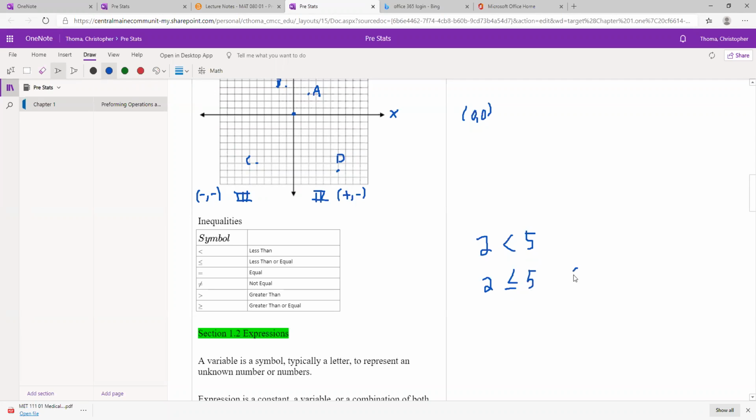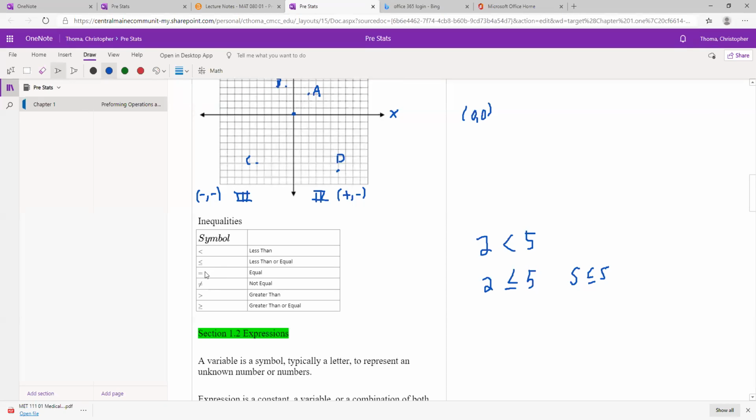But I could also do 5 is less than or equal to 5, right? Both of those are true statements because 2 is less than 5 and 5 is equal to 5. So either one of those is true for my less than or equal to. And see, the difference is less than does not have the line under it. Less than with a line under it is less than or equal to.